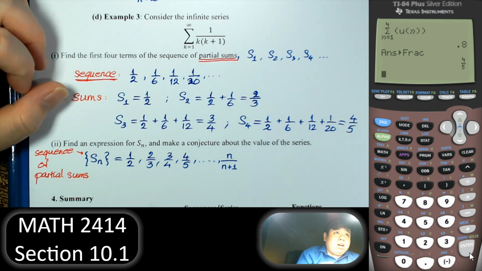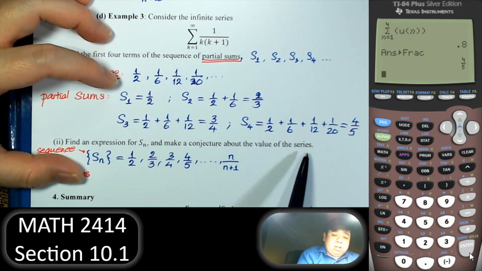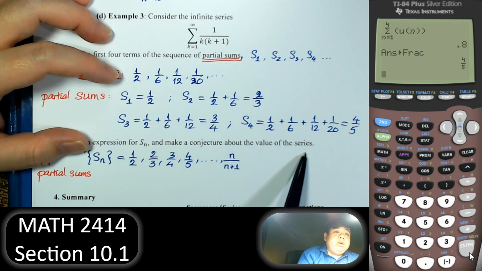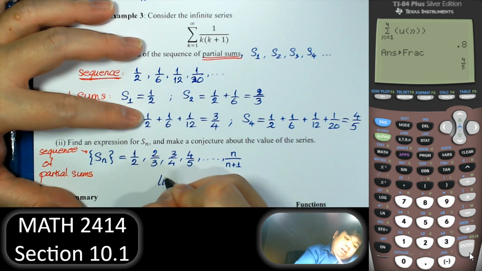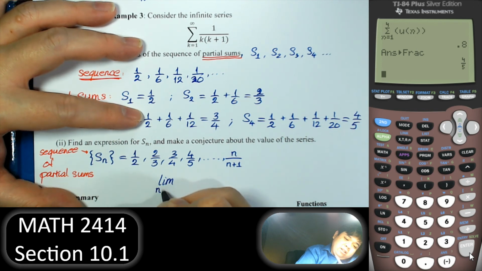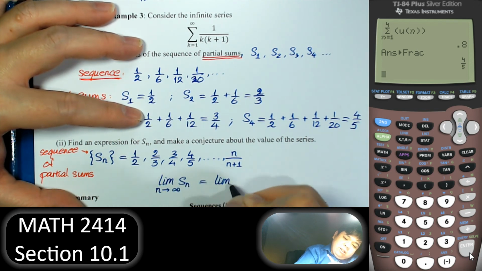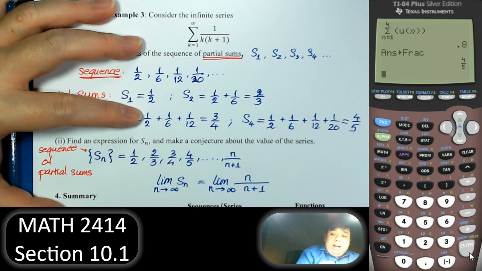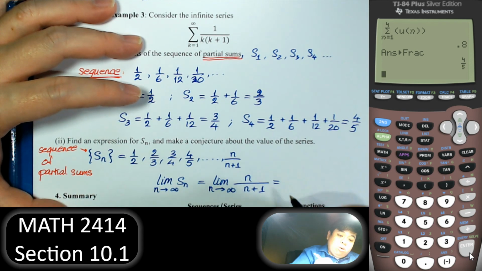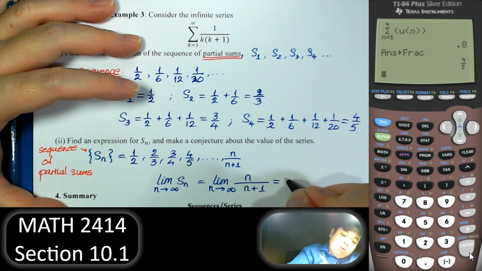And it said make a conjecture about the value of the series. By the value of the series, we mean the value of the infinite series. So we say the limit of S of n as n goes to infinity is the limit of n over n plus 1. And just like the previous example, we'll take the terms with the highest power.